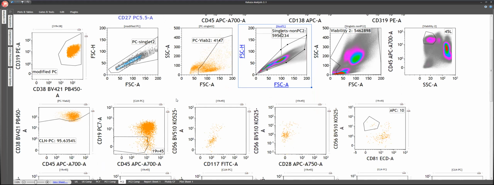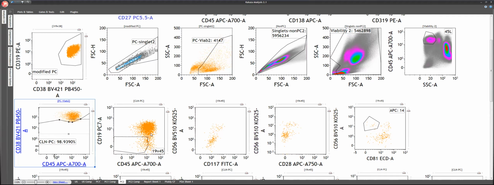Once we have the viability gate, we check if any doublets are still coming through, which would be CD45 bright or non-specific cells. There are no such cells, so we can confidently exclude that possibility, and we have all these clean plasma cells.